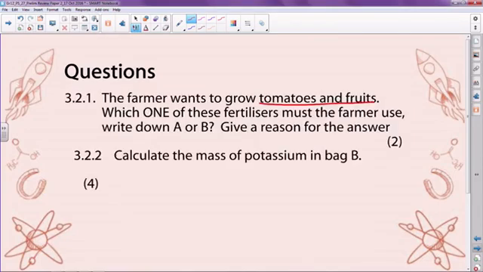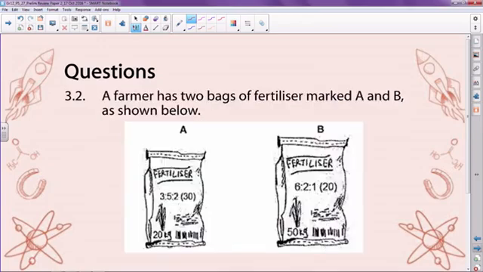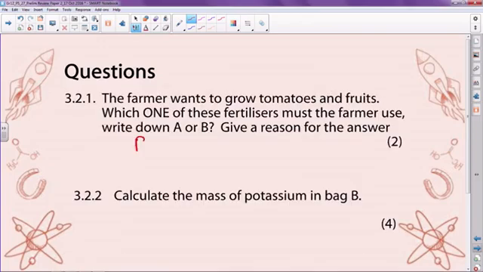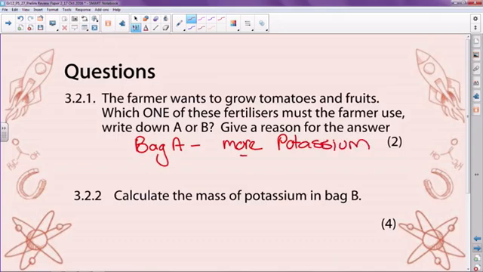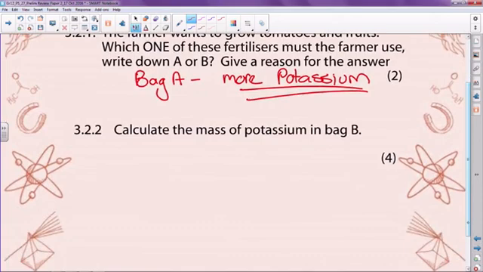So what we would say here is that for 3.2, we would use bag A, okay, because there's more potassium, and that's what we want. We want the one with the most amount of potassium. Now I'm going to have to quickly calculate the mass of the potassium.